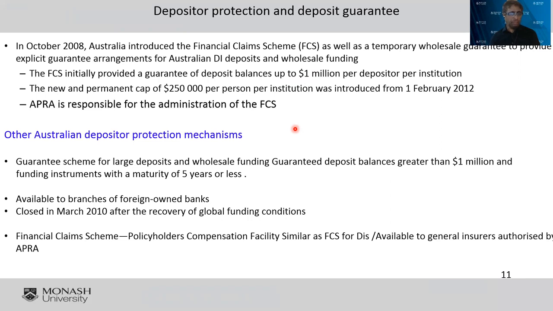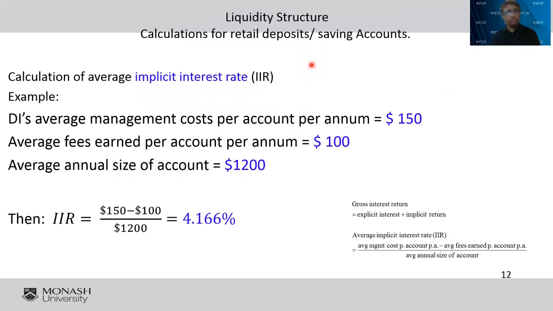Because if you know you are insured, you are not going to run, and if you are not going to run, the bank will stay. So there is no contagion effect to other banks, and the system can be stable, and financial stability will be much better. This is what we call explicit and implicit interest rate.